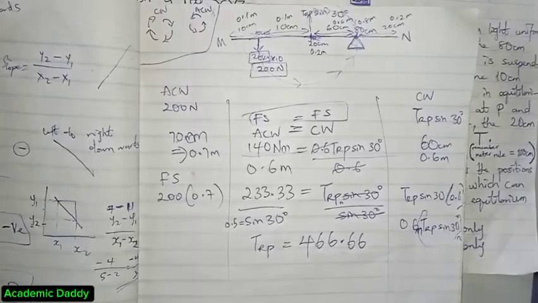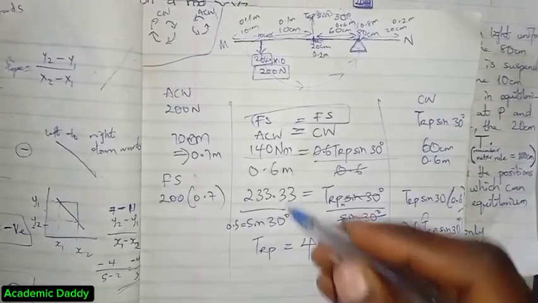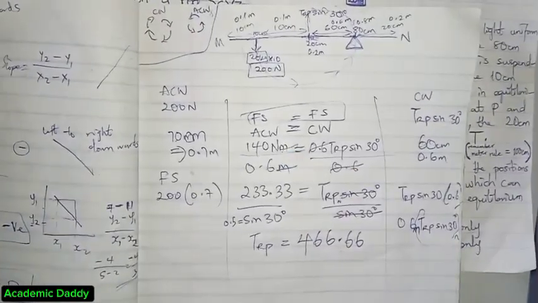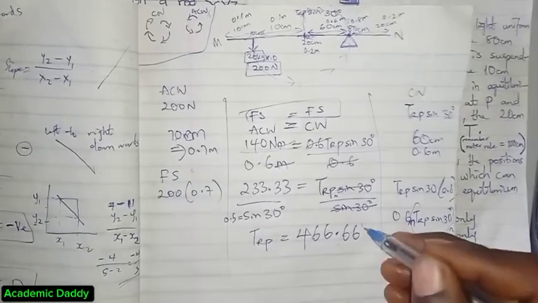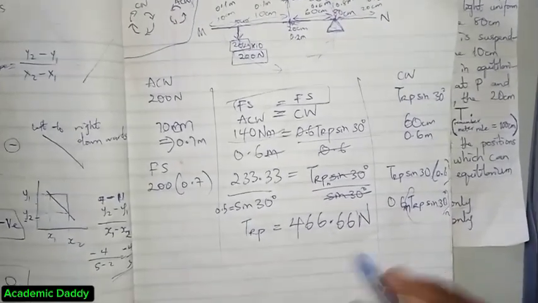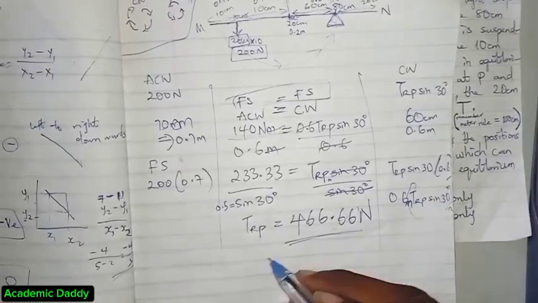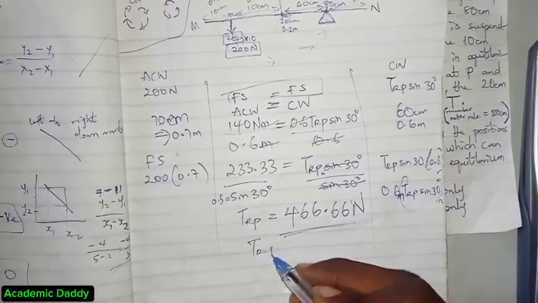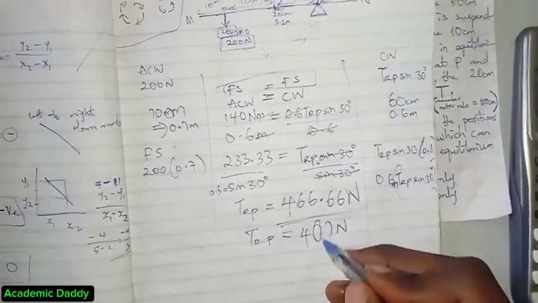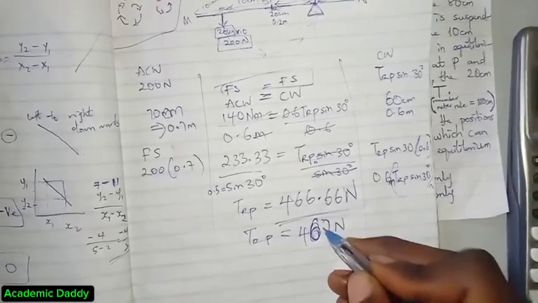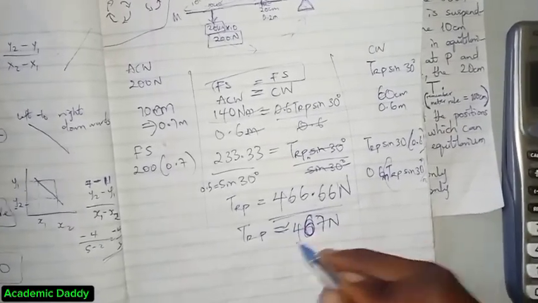When you do it, the sine 30 cancels, and I'm left with just the tension, and the unit of tension is Newton. So tension in RP is approximately 467 Newton. So this is my answer.